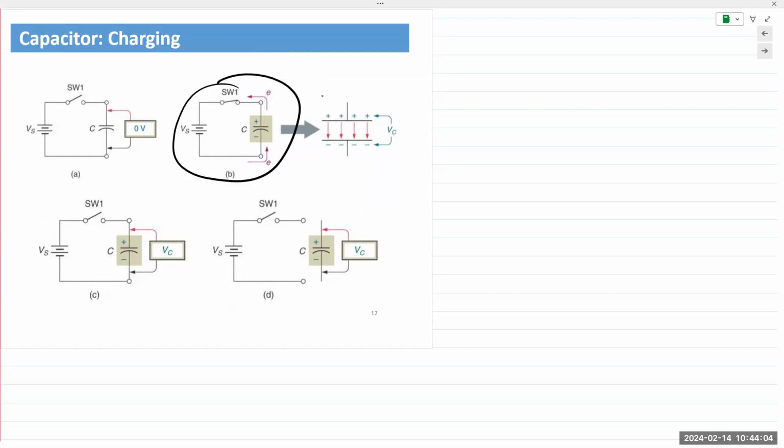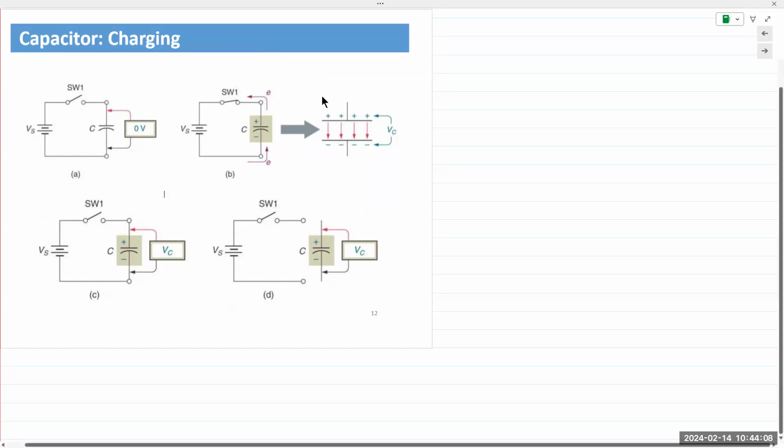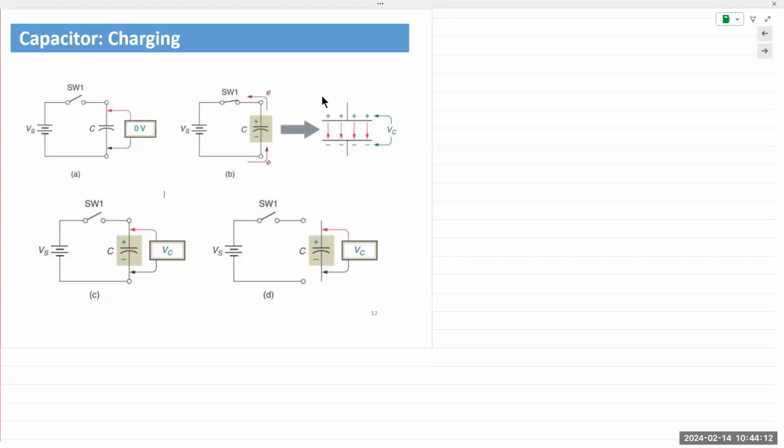And once it gets connected to the capacitor, the electrons on the plate connected to the positive end of the source are attracted by the positive charges. So the electrons move away from the capacitor plate, thus leaving behind an excess positive charge.